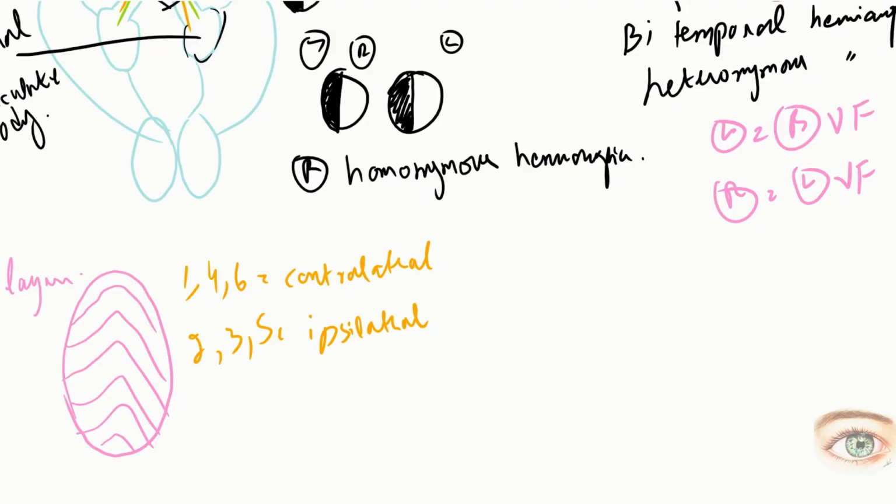Now, between these layers, wait, let me grab another color. So, right. 1 and 2 are magnocellular, and 3, 4, 5, 6 are parvocellular, right?